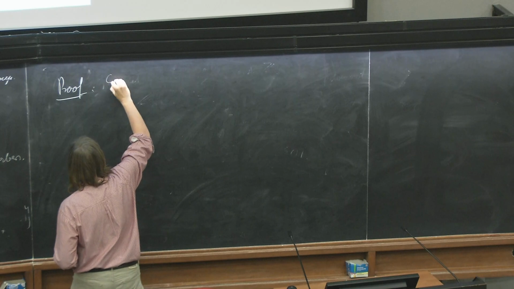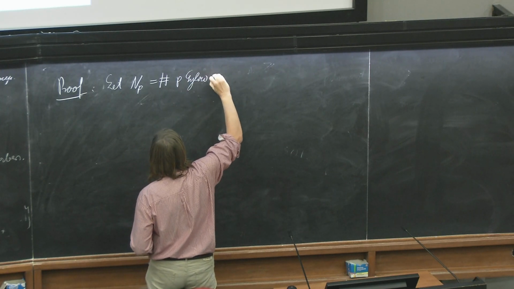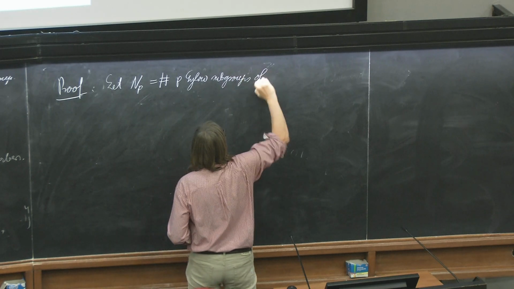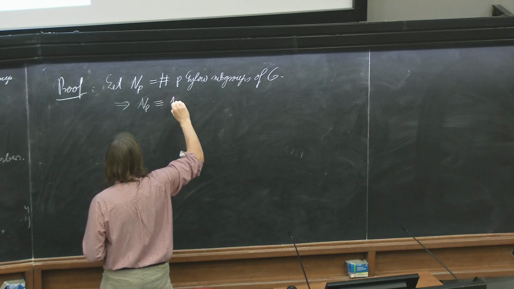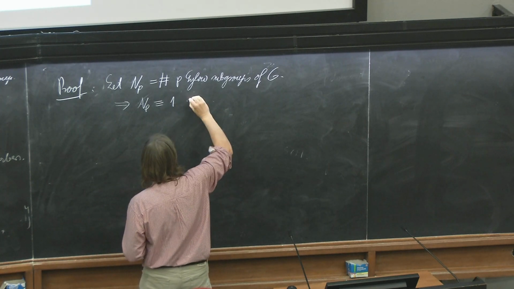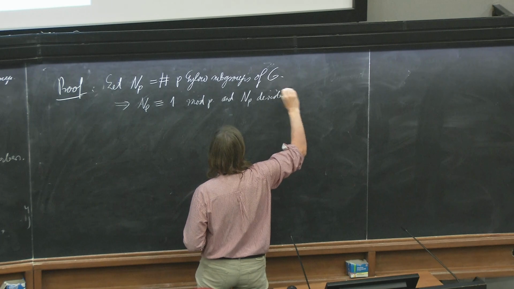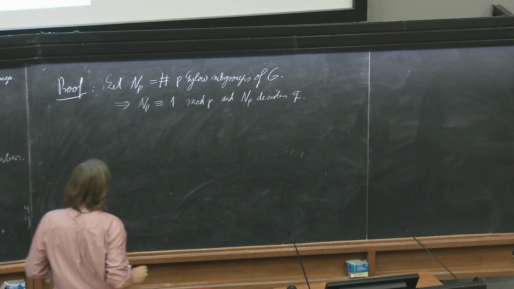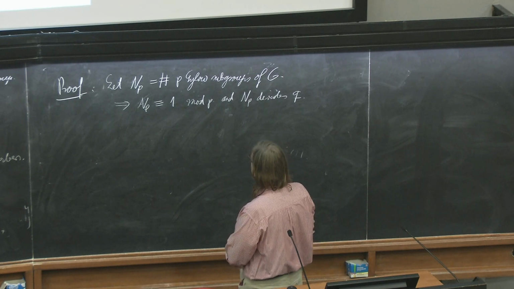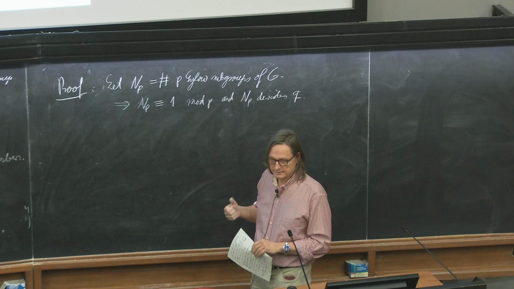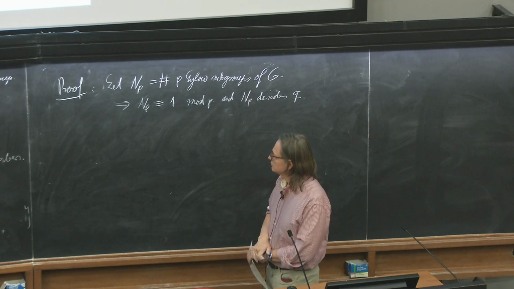So let N_P be the number of P Sylow subgroups of G. Then it follows that N_P is congruent to 1 mod P, and N_P divides Q. But we have assumed that P is bigger than Q. So if it's congruent to 1 mod P, it cannot be bigger than P. So it must be that N_P must be equal to 1.